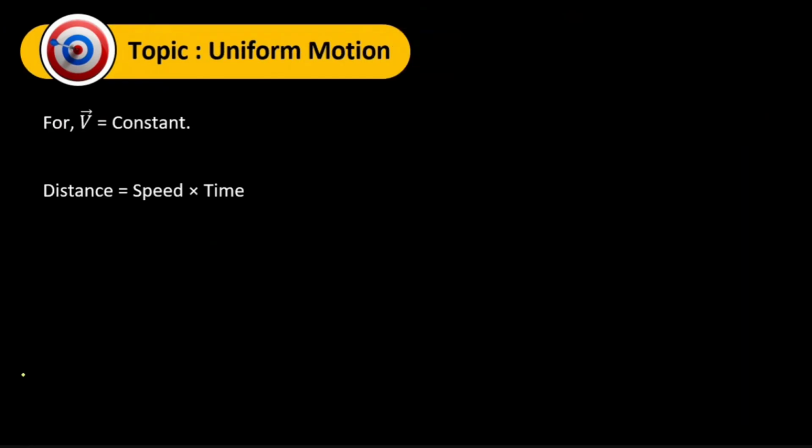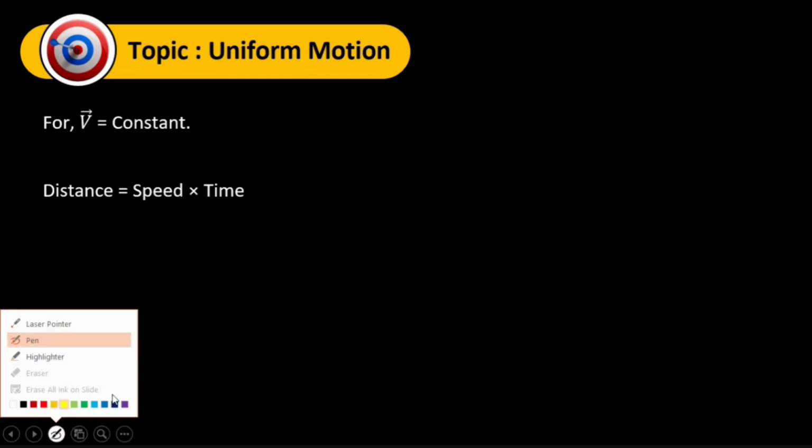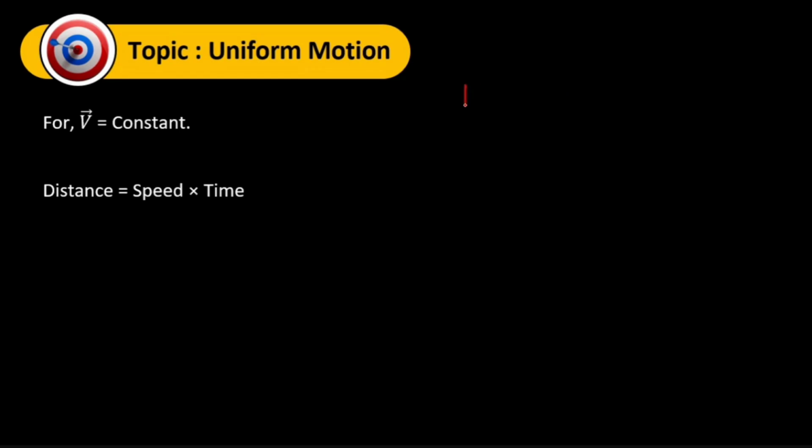Now, based upon this distance, time, speed, velocity, acceleration, we have categorized the motion. Suppose there is a particle or an object.